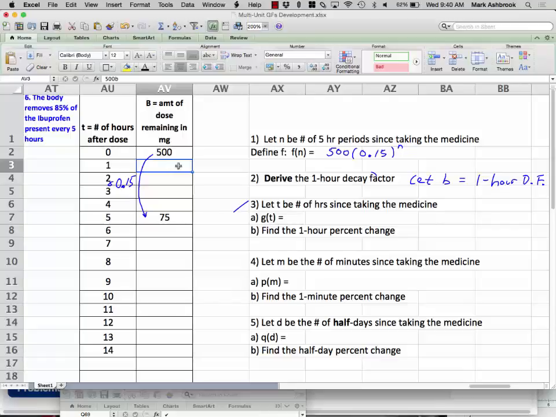It's a multiplier on output to get the next output. Therefore, after 1 hour, how much do we have remaining in the system? This is the multiplier on output to get the next output. Therefore, the next output is 500B.